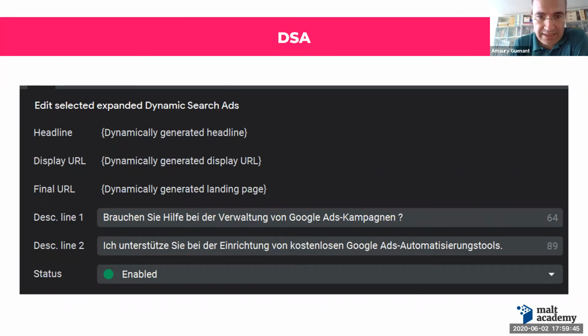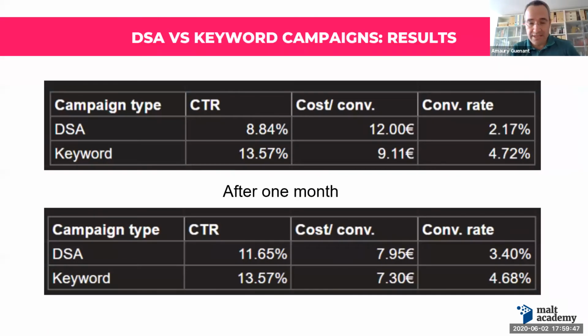And the results are here. These are real numbers. This is not my website; this is a real client. What you see here is the start, when I started the DSA campaign versus the normal campaign, as I said, they are running in parallel.